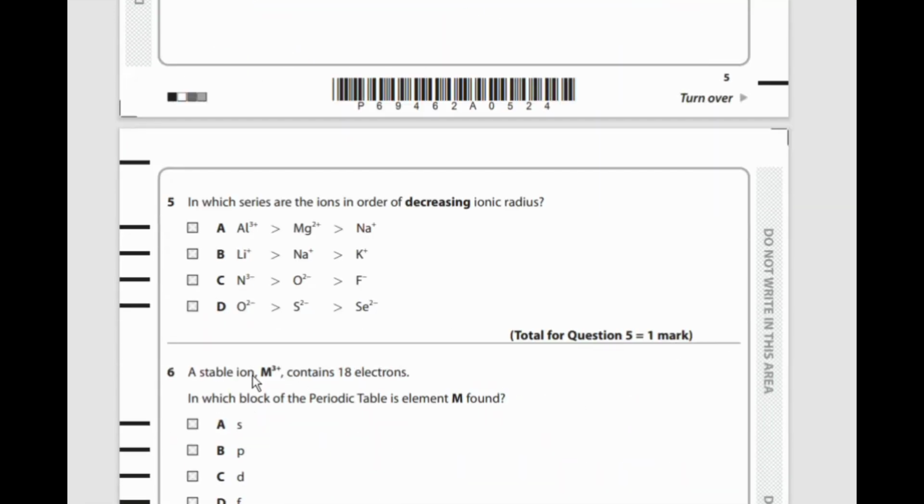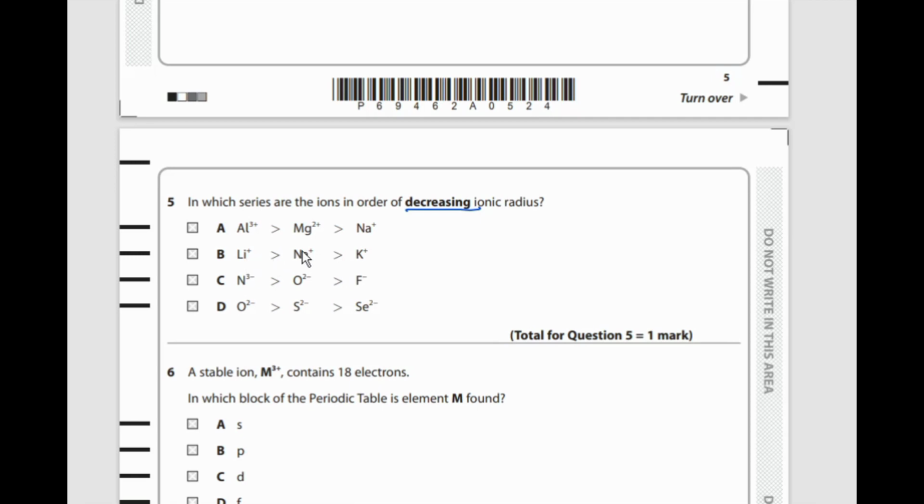Question 5. In each series, the ions are in order of decreasing ionic radius. So decreasing from the largest to the smallest. For A, aluminium has a smaller ionic radius compared to magnesium and sodium, so in this case it is increasing.